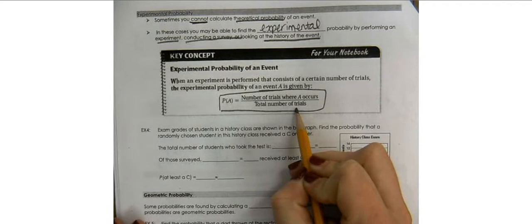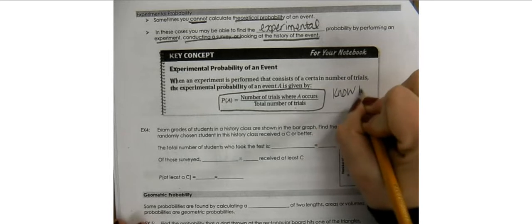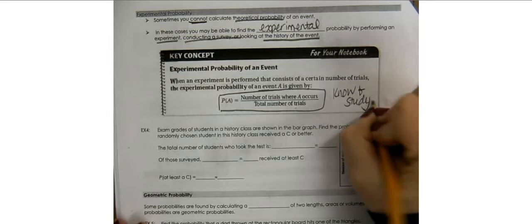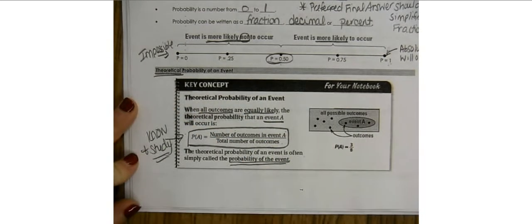For all of these formulas that I've talked about so far, I need you guys to please make sure that you know and study all of them. Know and study all of anything that deals with odds. Know and study your theoretical probability. So I'm going to make sure that I identify that. So I'm going to write know and study. Keep everything straight.